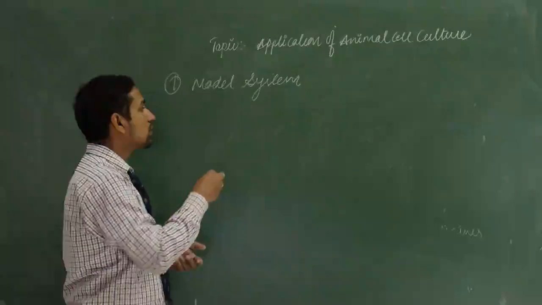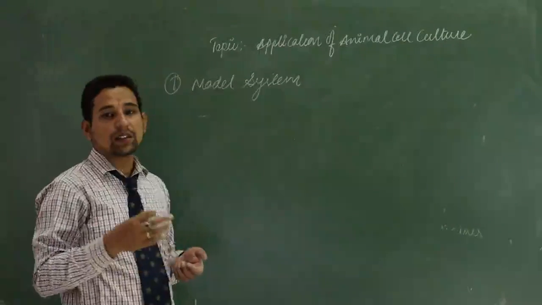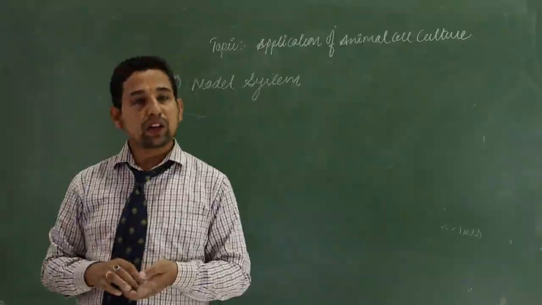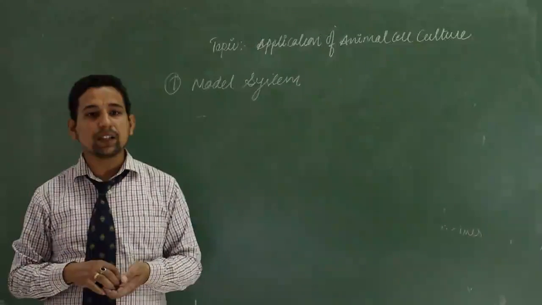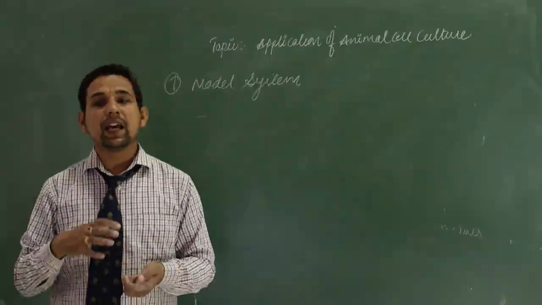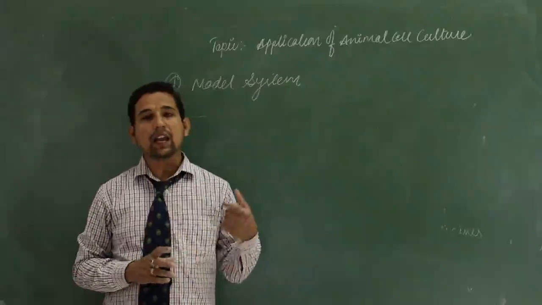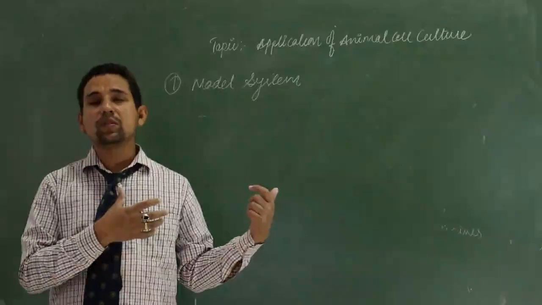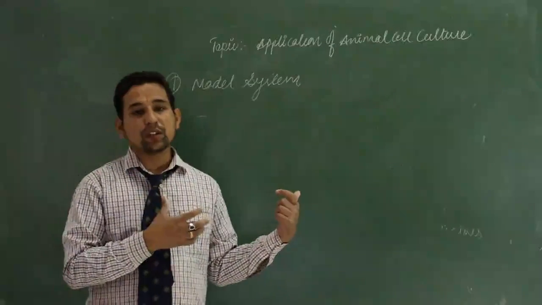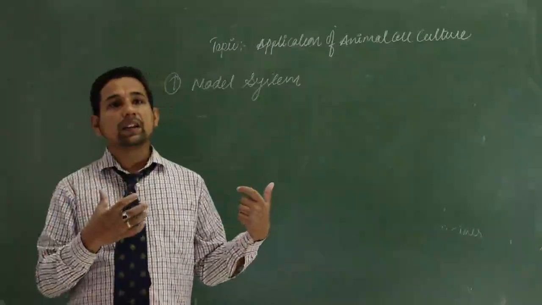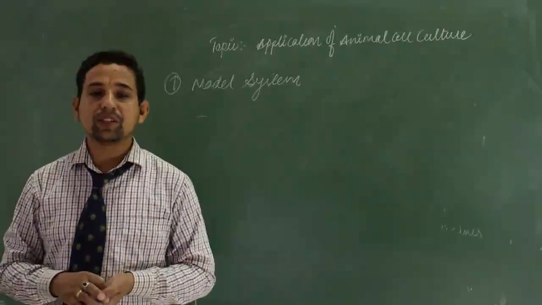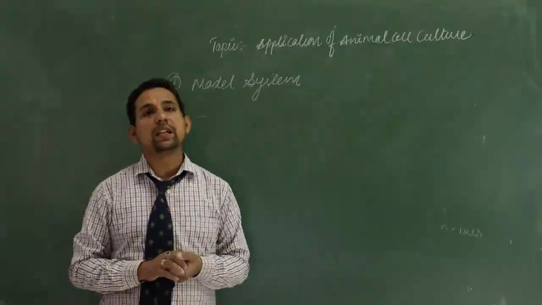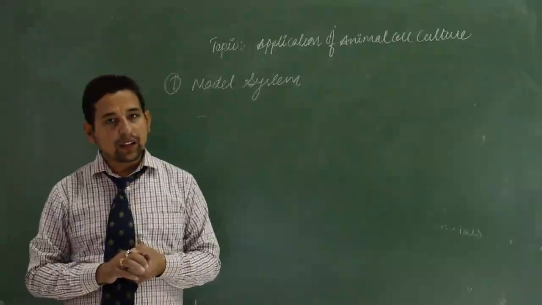So first is to study basic cell biology and biochemistry. Next is to study the interaction between cells and disease-causing agents like bacteria and viruses. It is also used to study the effect of drugs, the process of aging, and the triggers for aging.